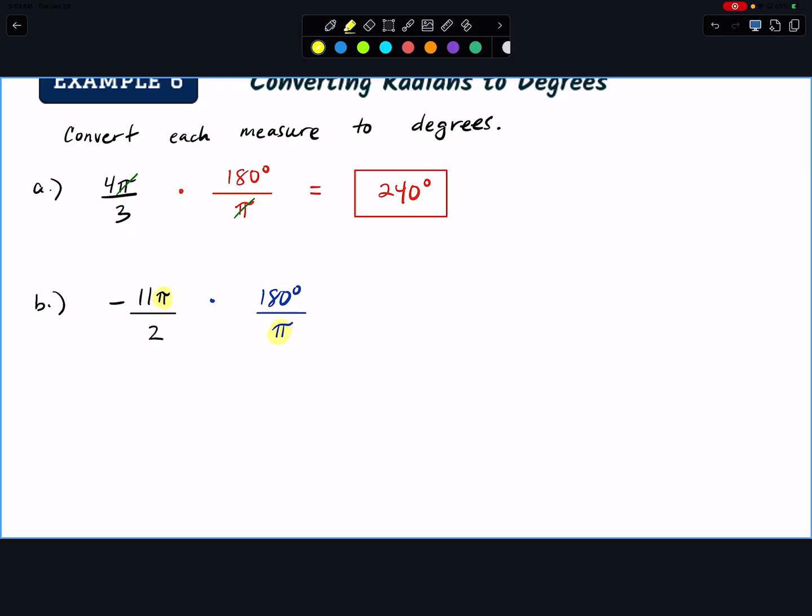Pi's cancel. Oh boy, what is that? 90 times negative 11, negative 990? Okay. Cool. All right, let's do a weird one.